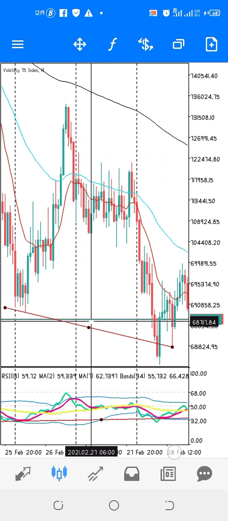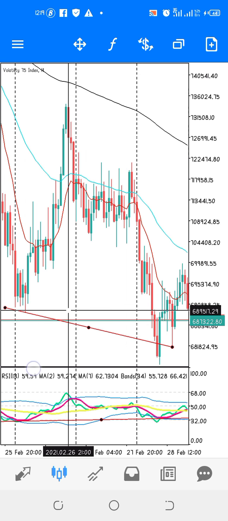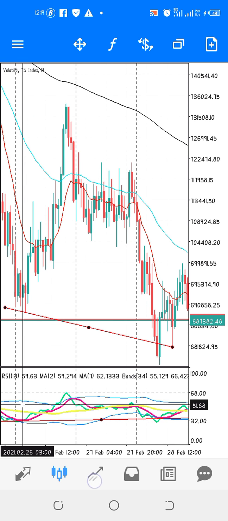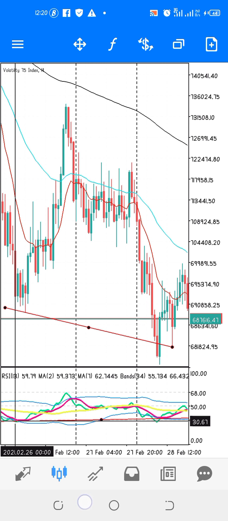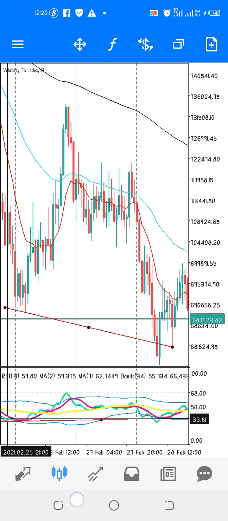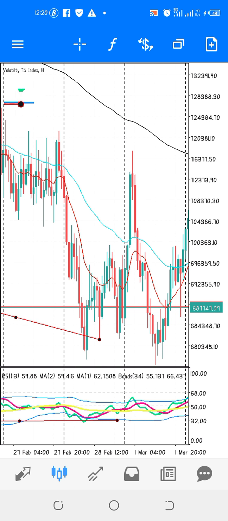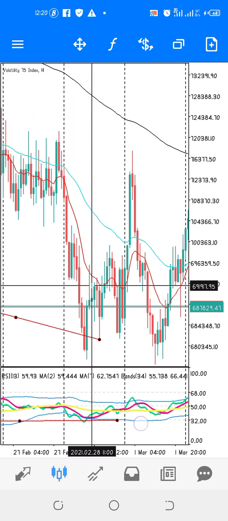But it did not give a perfect divergence on H1. So if I were you, I wouldn't have taken that trade, or I would have taken it but traded my loss, but to see where it gave the perfect divergence.